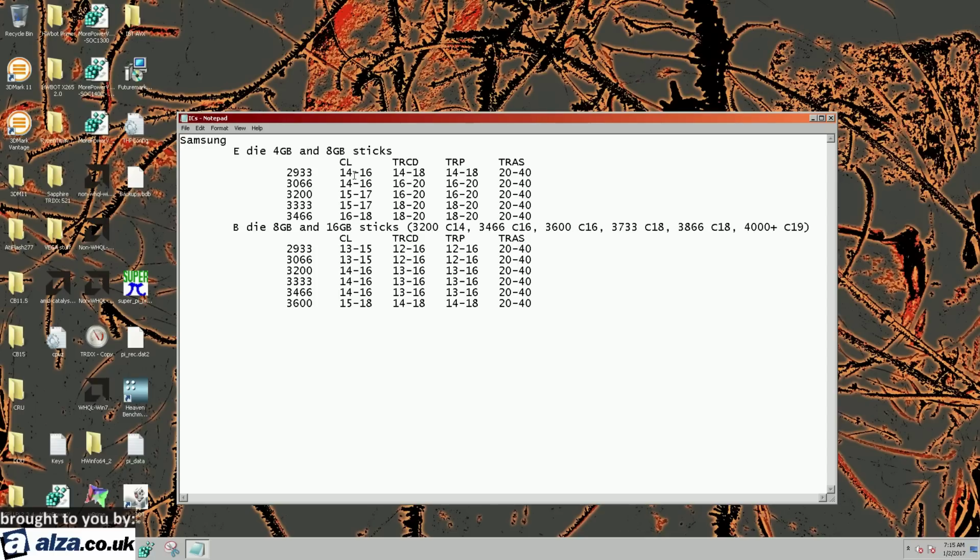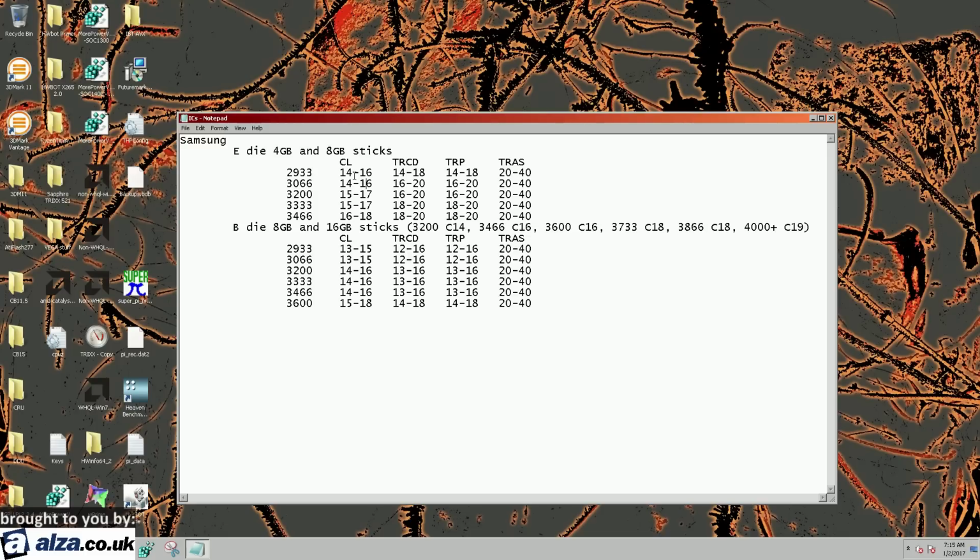You could totally do CL12 at 1.9 volts, 4,000 megahertz, if you had the right Intel system. Now on AMD, you're not going to do that, and you're certainly not going to be pushing that much voltage for daily usage because it's unsafe.